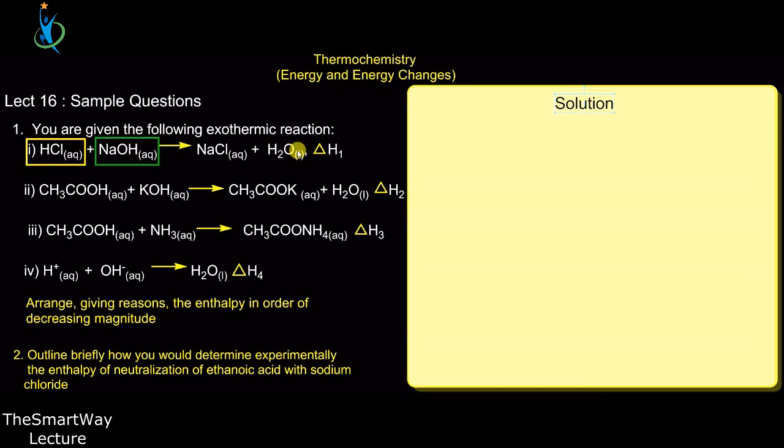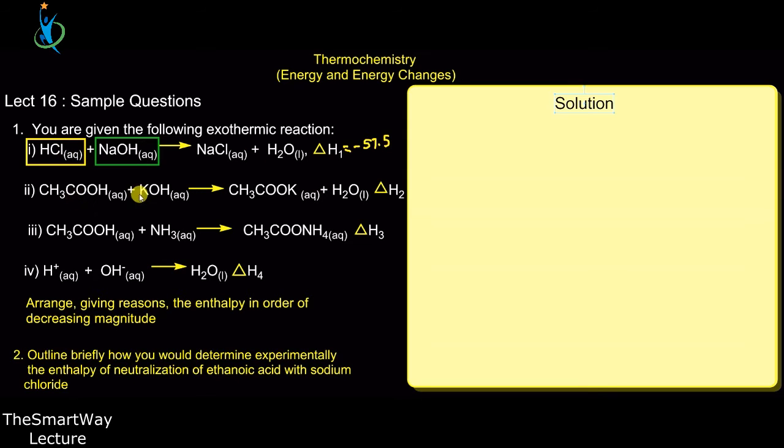They produce a high amount of heat. In our last lecture we said that the value for the heat that they give out is almost negative 57.4 kilojoules per mole. So when strong acid against strong base react, the amount of energy they give out is negative 57.5.